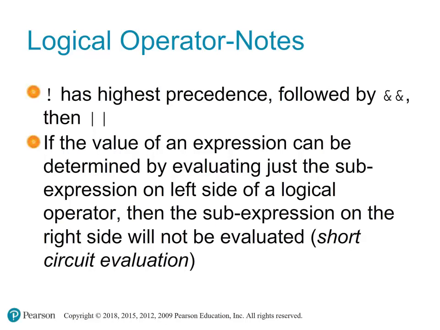For example, with the AND operator, if the left operand evaluates to false, we can immediately determine this expression is always false. For the OR operator, if the left operand evaluates to true, then true or anything will always be true.